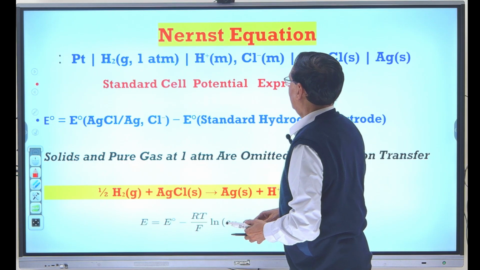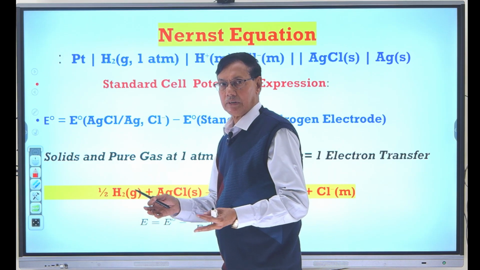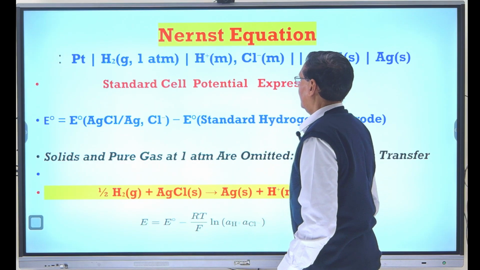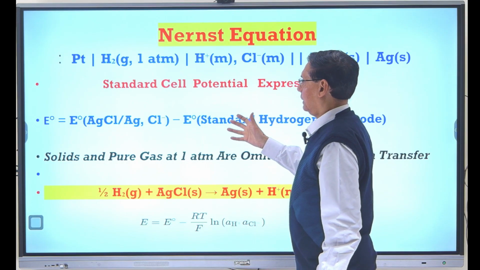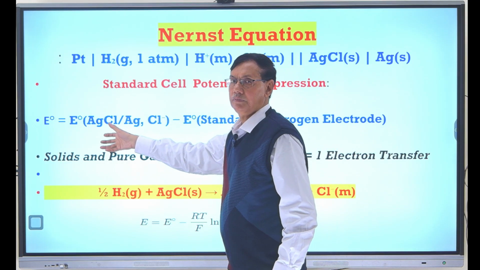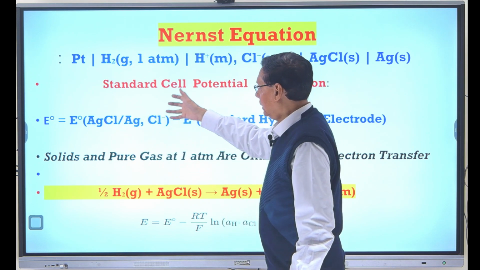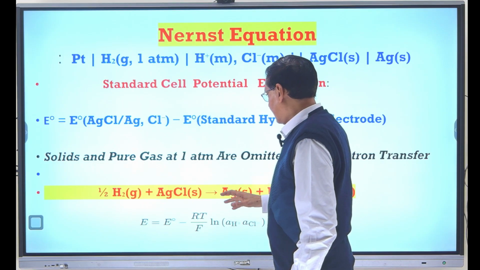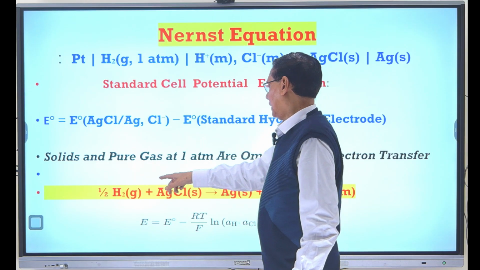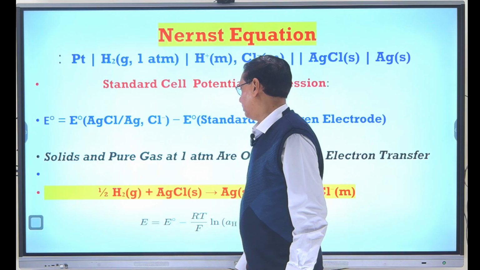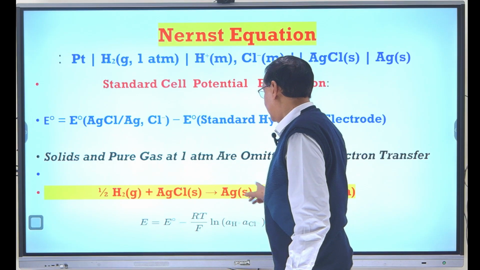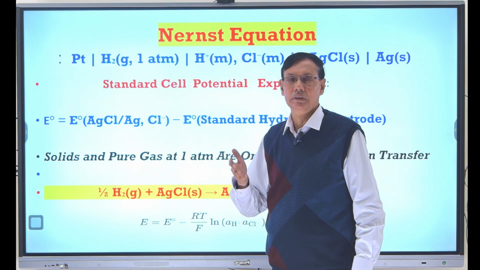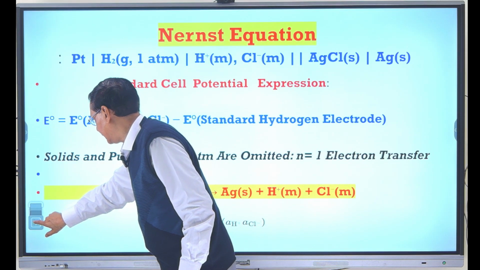Yes. So now again I am writing the cell. This is H2 at 1 atmosphere. This is the cell. So you know the standard cell potential E is E right minus E left, E reduction minus E oxidation. But because it is a pure gas at 1 atmosphere and the other is a solid, while writing the cell reaction we will omit the solid state and gaseous state like that.